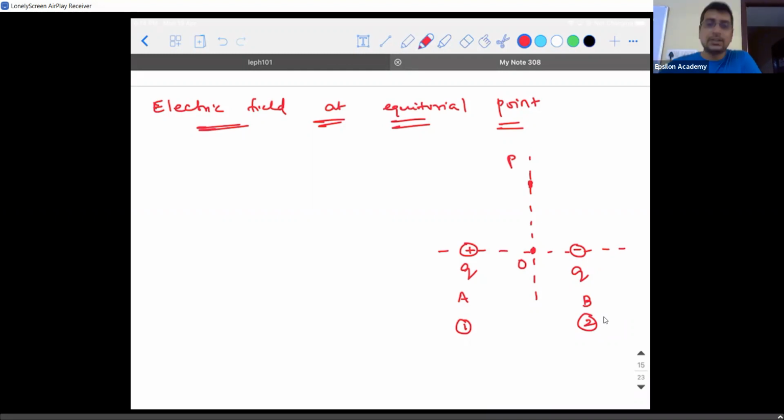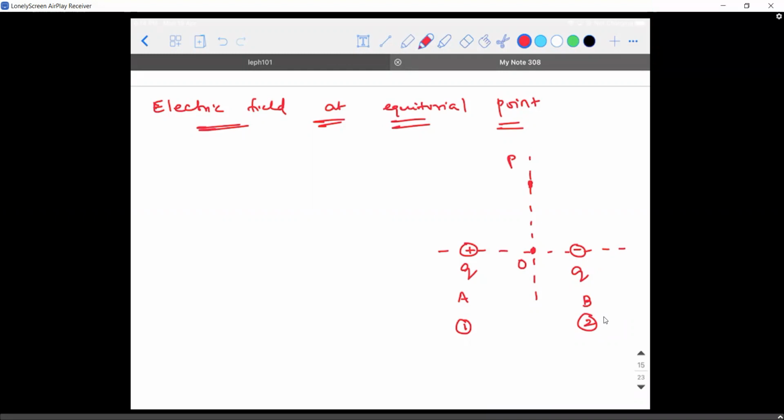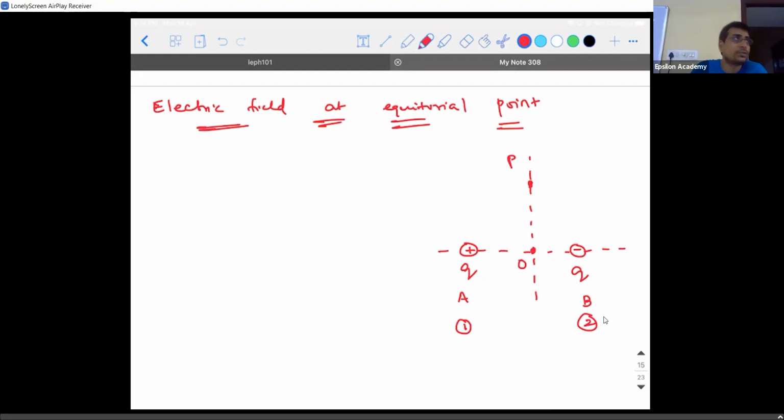So if I take the first charge and the second charge, the electric field due to the first charge at point P, is it going to be away or towards? Look at your notes and tell me. Last class I explained the direction of the electric field before that.